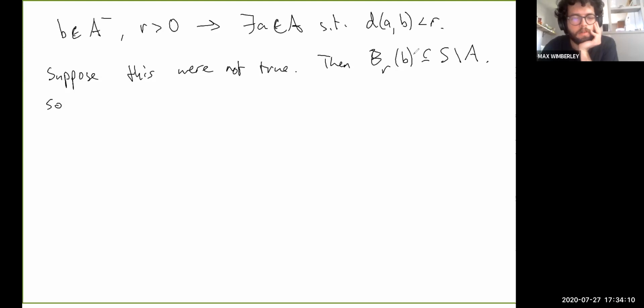That means that B is interior to the complement of A.